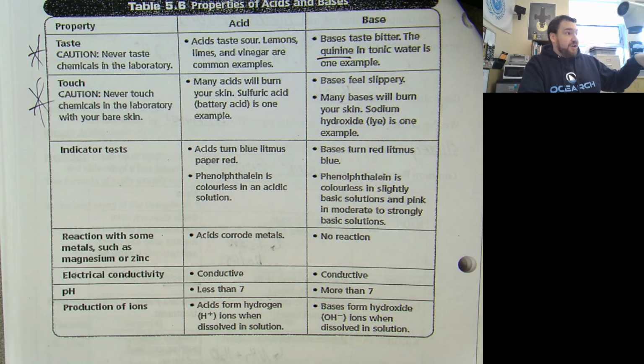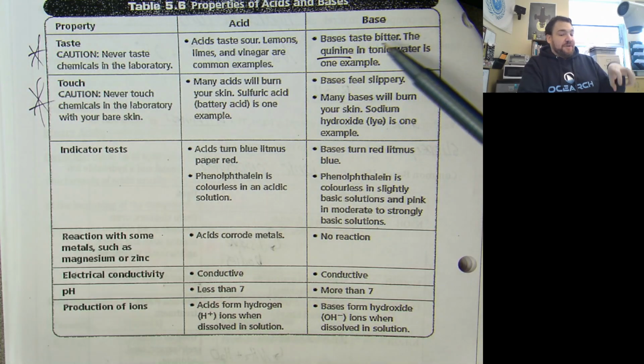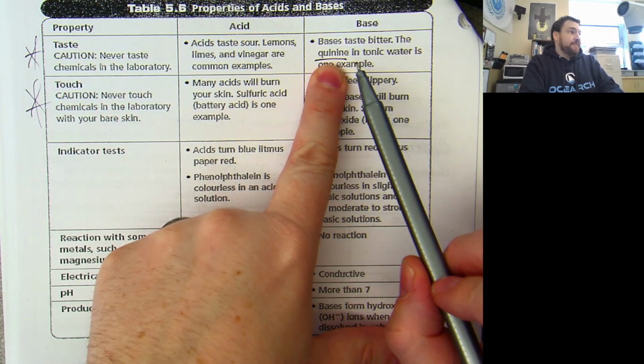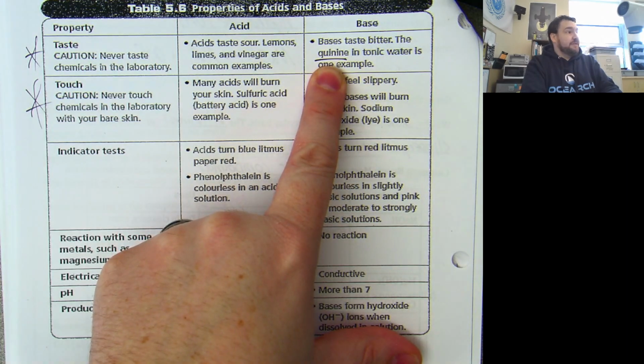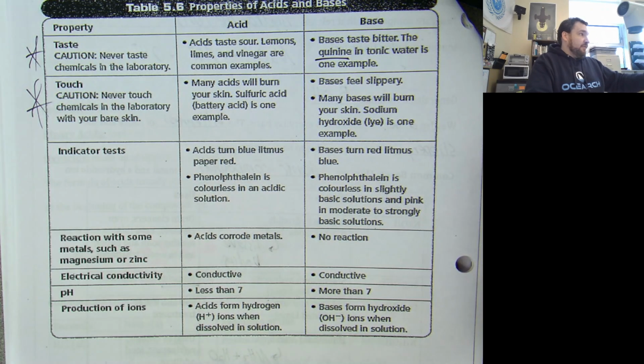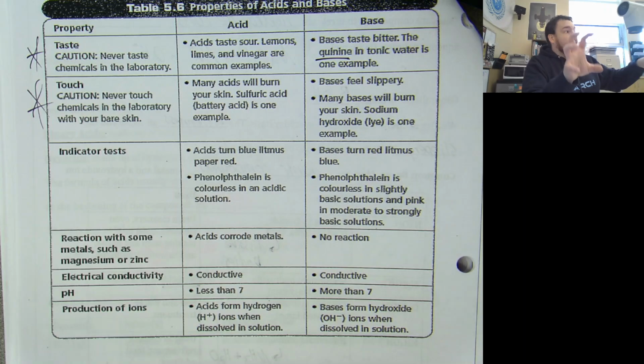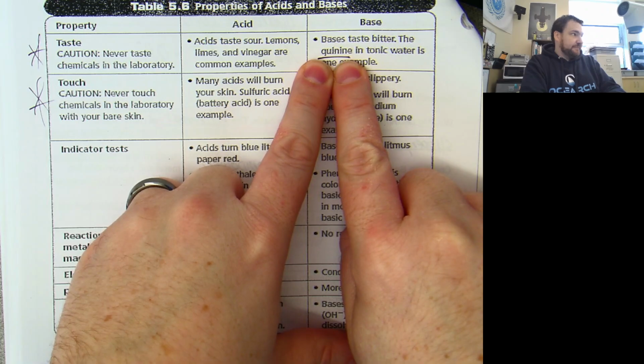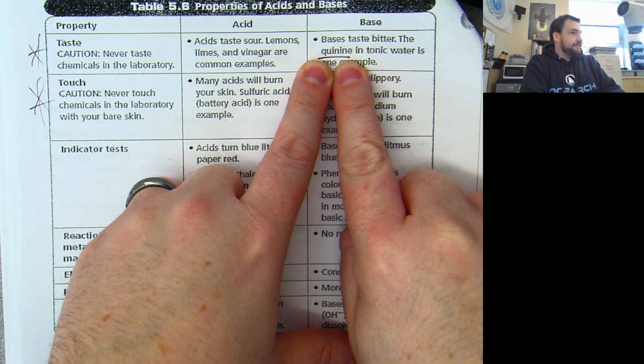Carbonated water is carbonated. Tonic water is carbonated water with quinine. It gives that water a bitter taste. So you have carbonated water and tonic water. Both are carbonated, but the tonic water has quinine added to it.